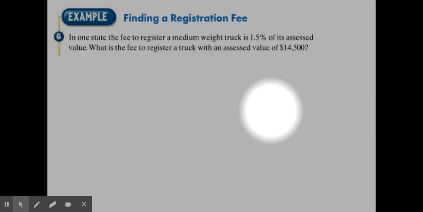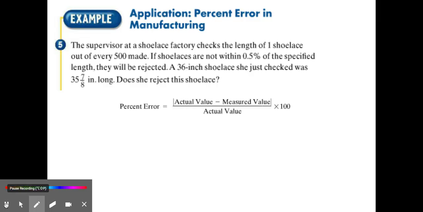So the formula is the percent error is equal to the absolute value of the actual value minus the measured value divided by the actual value times 100.